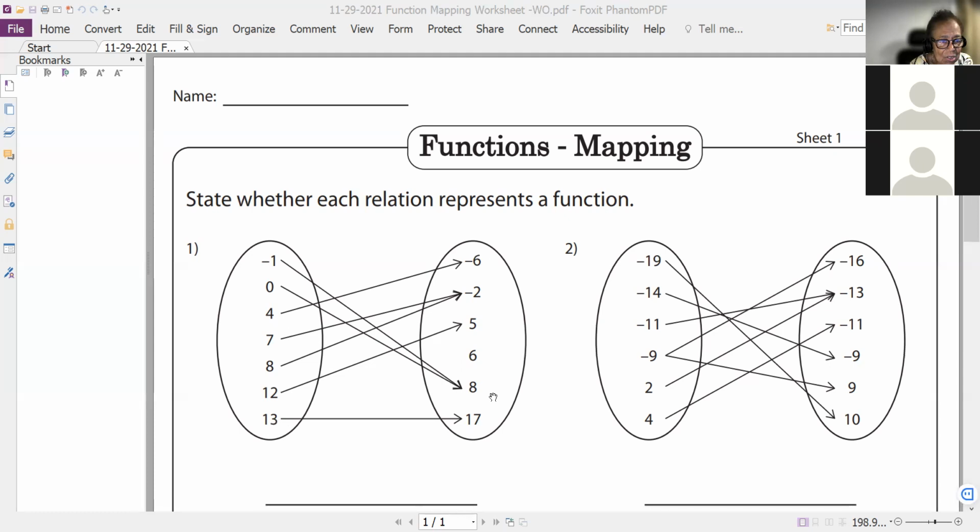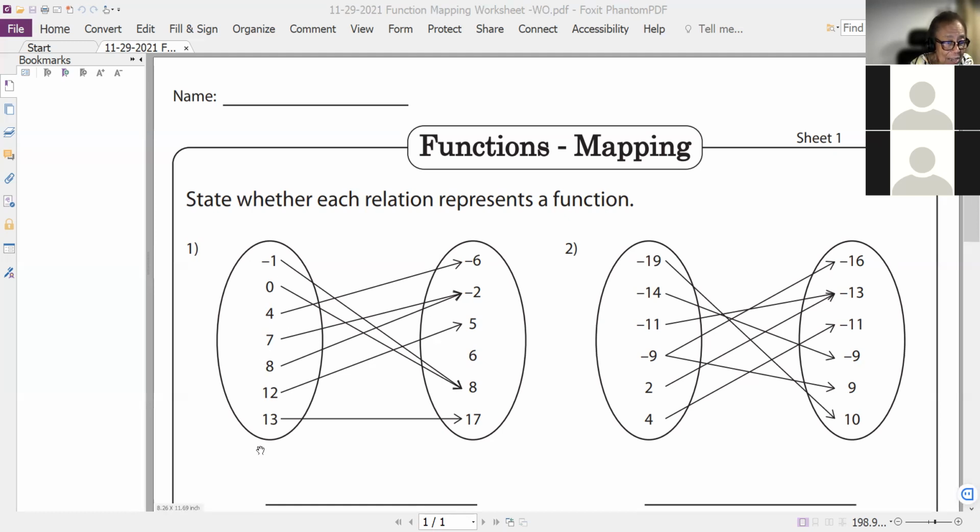Questions? Because the 6 was by itself. Yeah, but that's in the output. Remember, we don't care if it's by itself over here, what we care about is the input side. If we had a number over here and it didn't map to anything, then it would not be a function.